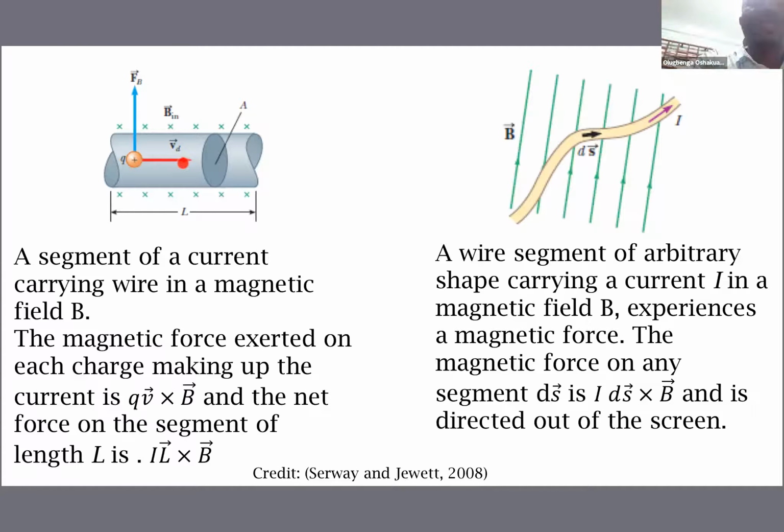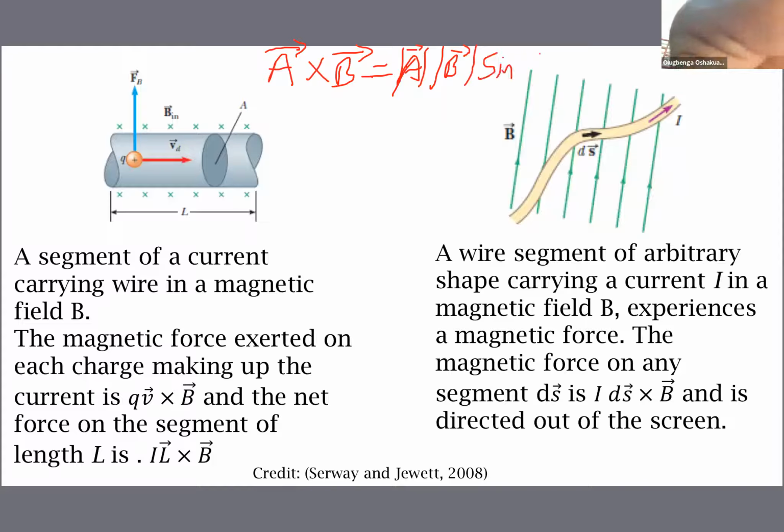And when we look at the founding definition of cross product, A cross B, A being a vector cross another vector B, is usually defined as the magnitude of A, magnitude of B, sine of the angle between A and B.